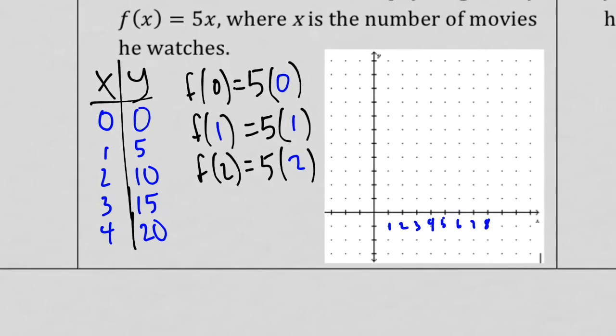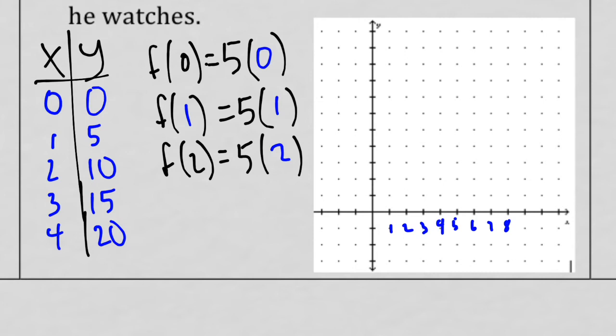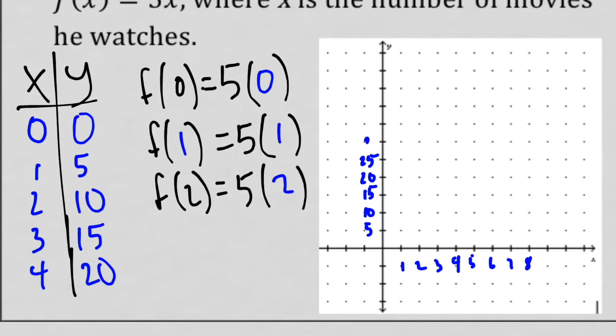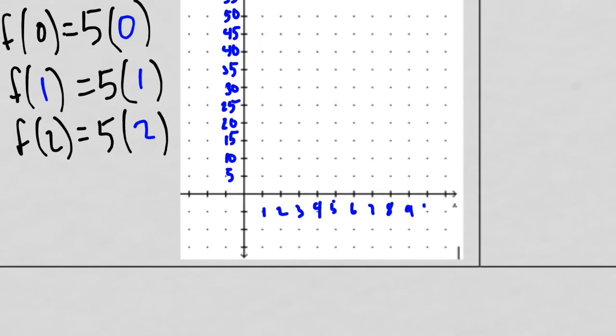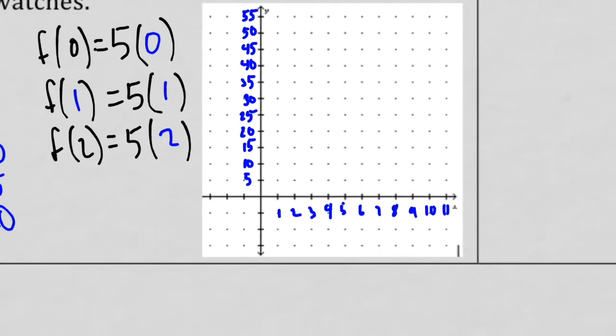On the y values, I'm going to go by 5s. 5, 10, 15, 20, 25, 30, 35, 40, 45, 50, 55. Why not go all the way up there? And here too, why not? Let's go up to 9, 10, 11.